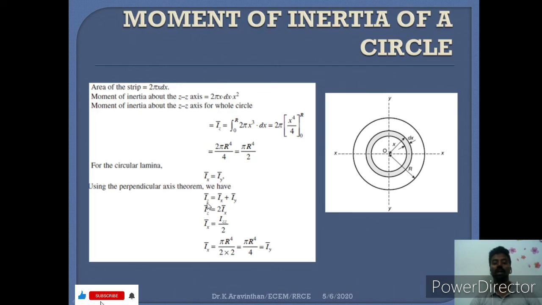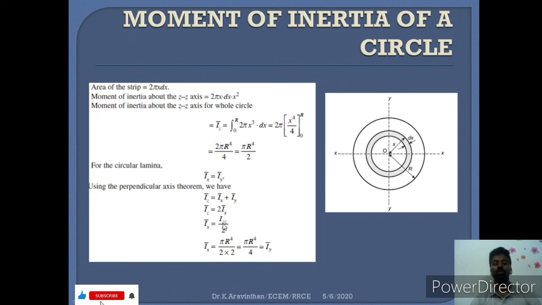So if you want inertia at the z axis, Ixx and Iyy can be added. So if you add these two, you will be getting 2I. Here you know the Iz, that is known as the radius direction, and if you divide it by 2, if you want Ix bar, you can take it out.